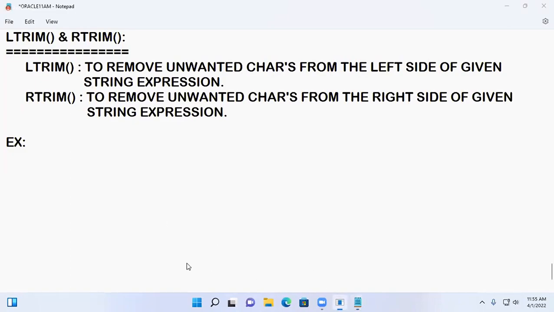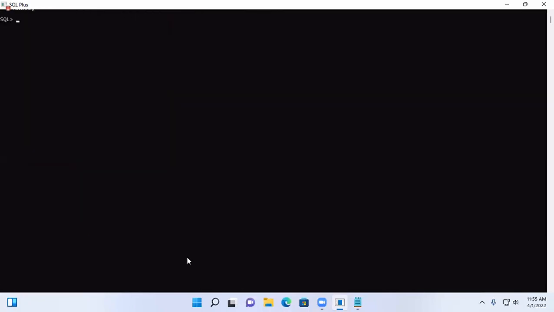So in this, for example, now I'm passing here ltrim. Suppose you can see on the left side I gave some space and I'm giving like this, from dual.